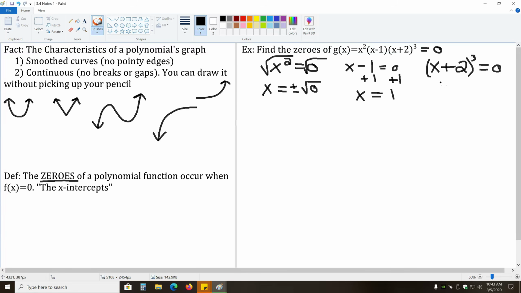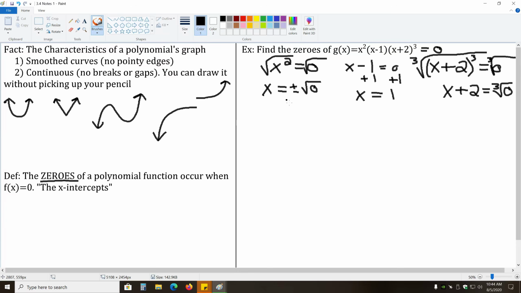And in the third case, we can take the cube root of each side, which gives us x plus 2 equals the cube root of 0. We don't need a plus or minus because it is an odd radical.